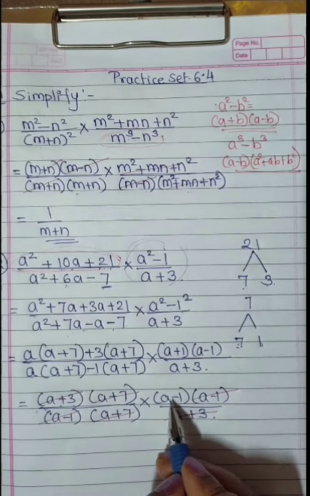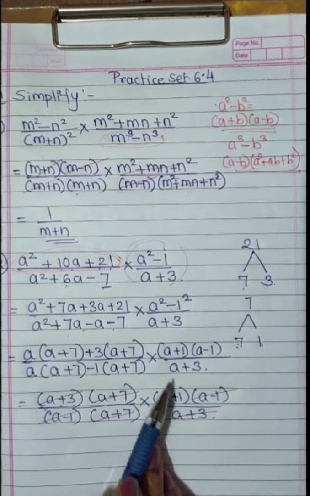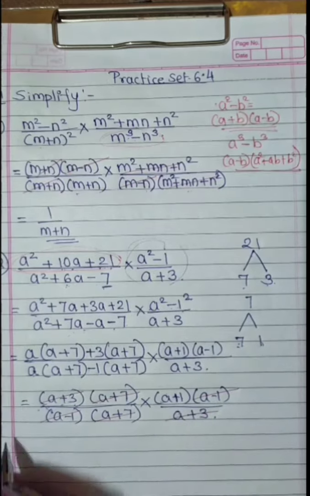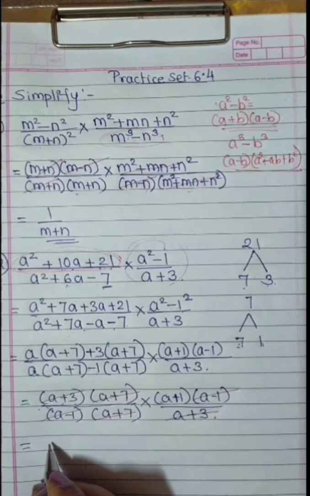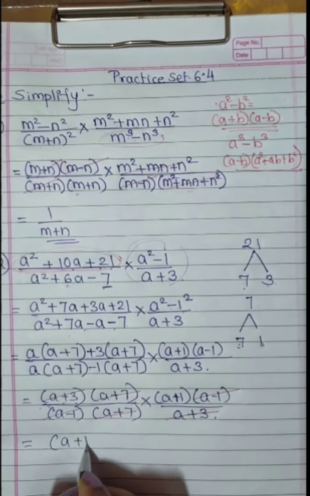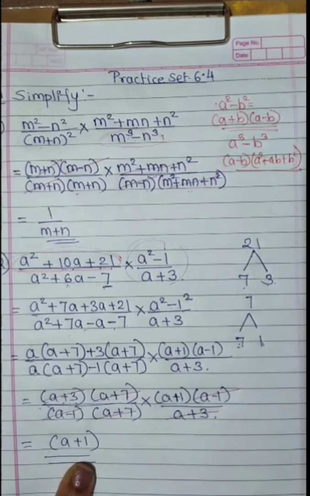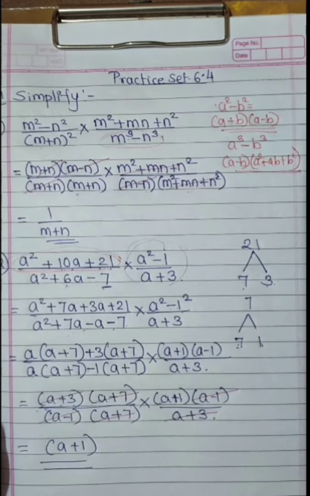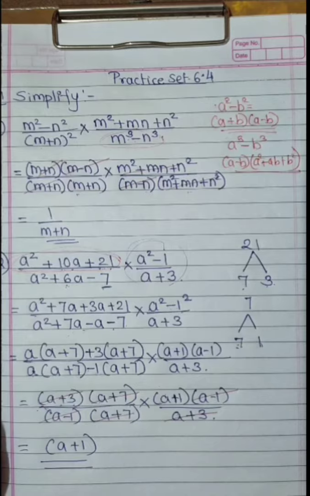See, by mistake I have not written here, a plus sign will come. Now here the remaining answer is a plus 1. This is the answer for question number 2.